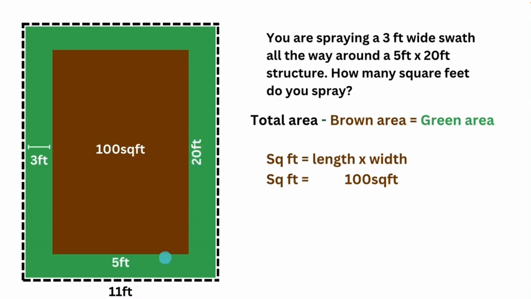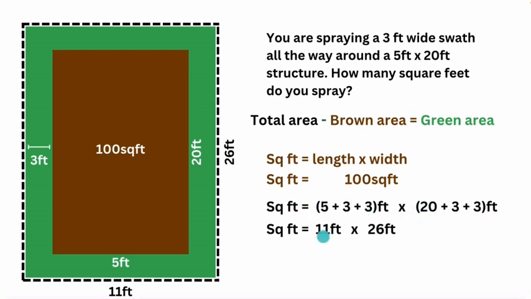And then same for this side, we know that it's 20 feet all the way up the brown area, but then we're adding 3 feet on the top, 3 feet on the bottom, so it should be 20 feet, plus 3 is 23, plus 3 more is 26. And now the area of this black dotted line, the total area, is 11 feet times 26 feet. So 5 plus 3 plus 3 times 20 plus 3 plus 3 is 11 feet times 26 feet, okay?